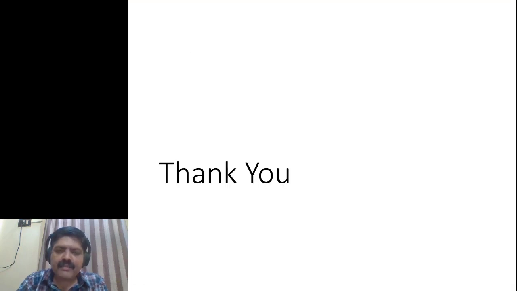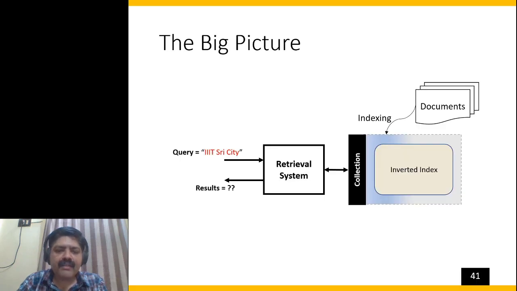Let me summarize once again. We started with a basic retrieval system where we directly jumped into the documents and tried to match the query. Then we said it's not efficient. Then we went ahead and constructed a term document matrix, which is simply a matrix of ones and zeros, and we saw this was much better than before.